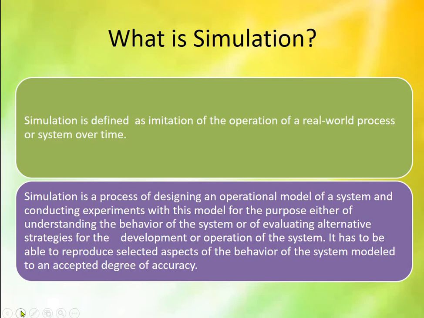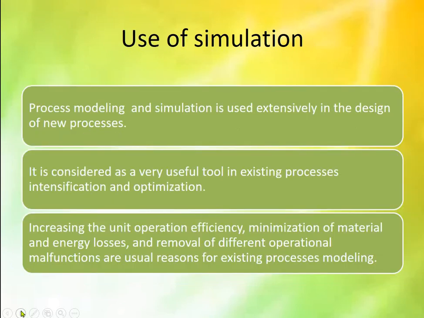It has to be able to reproduce selected aspects of the behavior of the system model to an accepted degree of accuracy. So this is a more detailed simulation definition applied for chemical process industries.